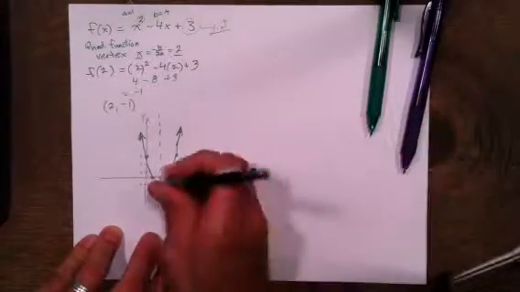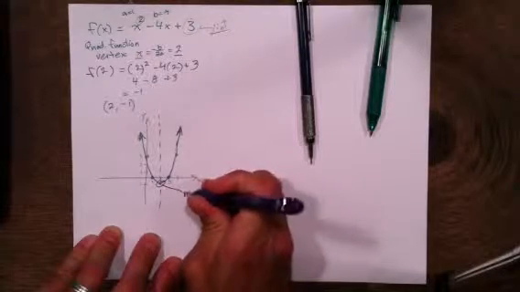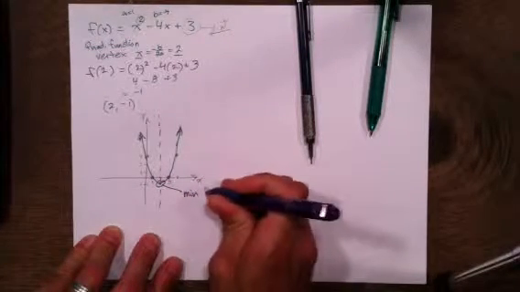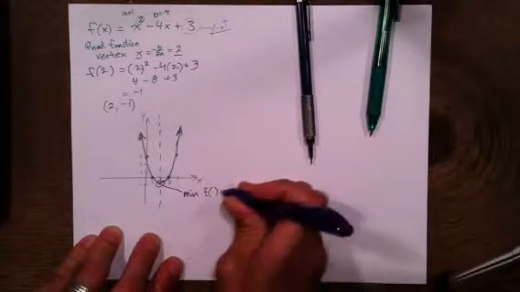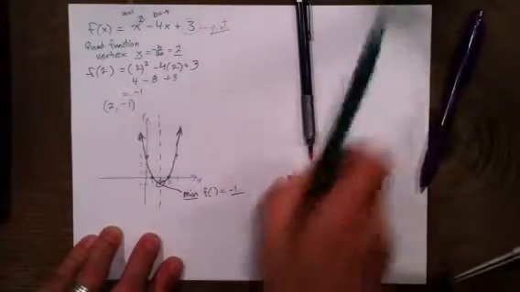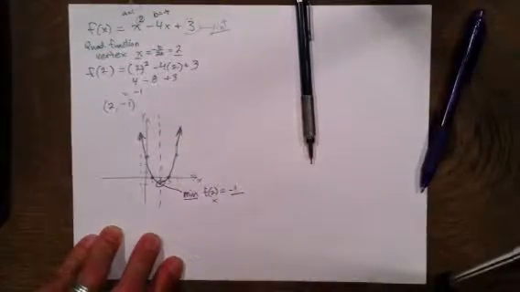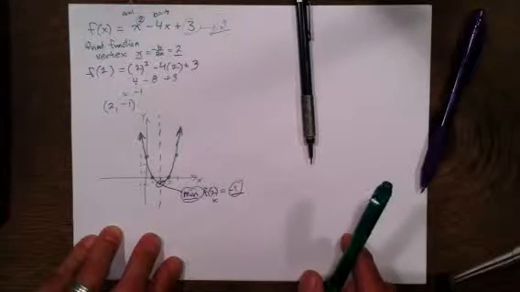Some other things I'll note about this: there is a lowest point here. There seems to be a min for this function, f, and that min is -1, right? The minimum is -1. It happens when x is 2, but the minimum is -1, okay?